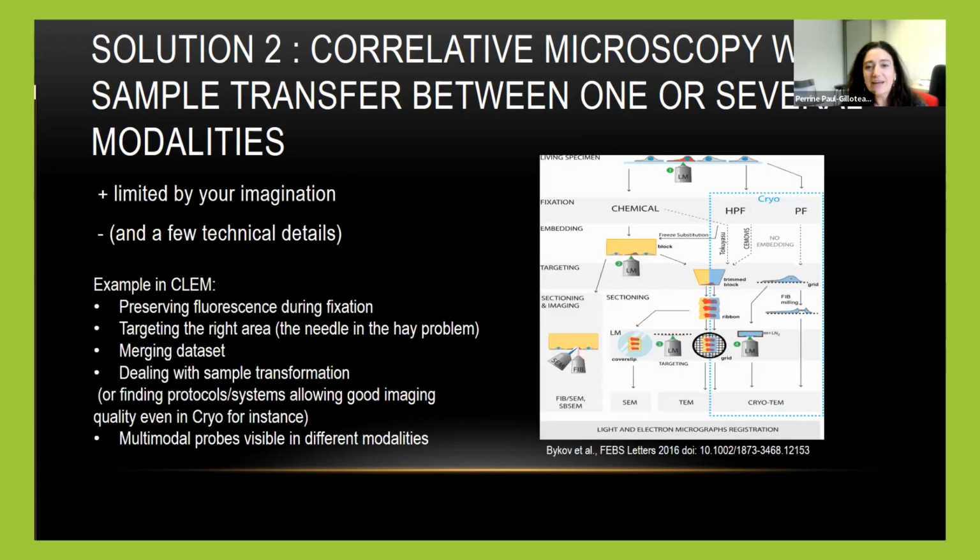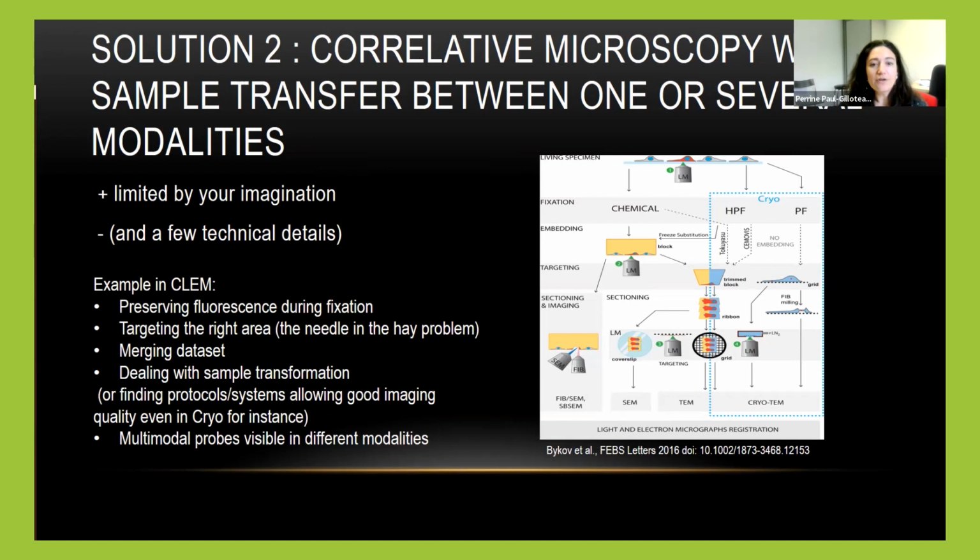If I go to the example of CLEM, now it starts to have a lot of, I would say, standard workflows, which have been developed thanks to the work of a lot of people in a big community in CLEM.